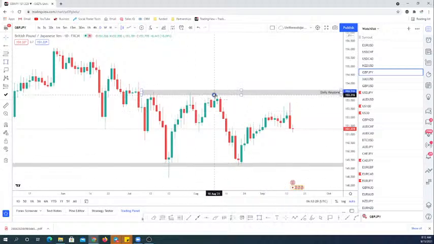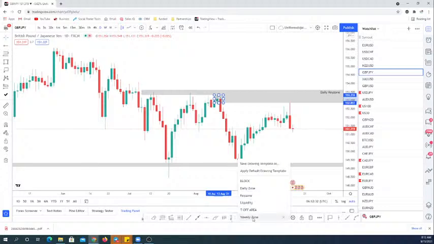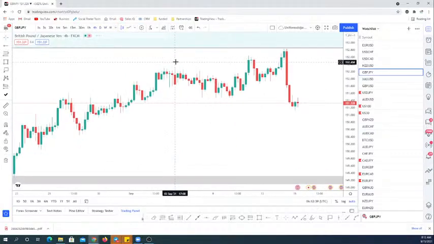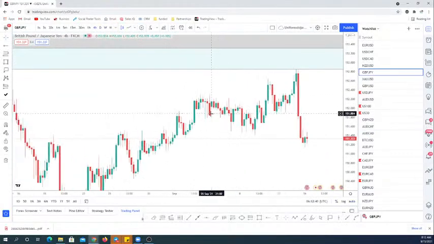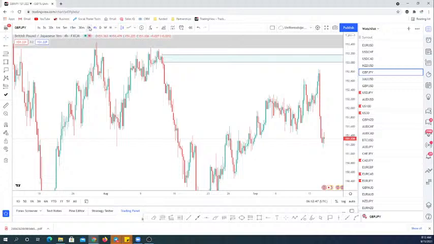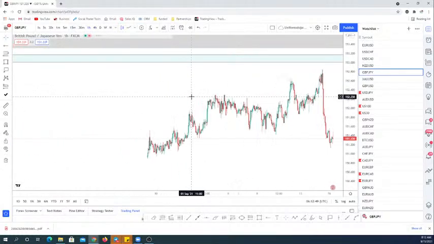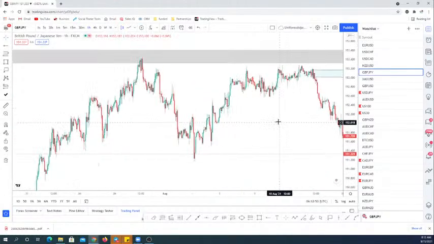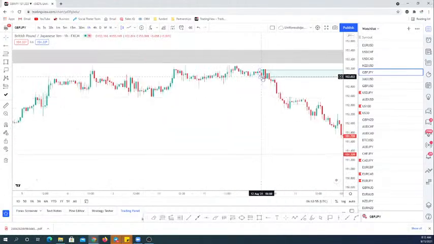This one here, we'll probably be looking at an entry from these zones and basically break down into the lower time frames so we can find a neater area of interest, which will probably be this one. And remember, we don't want to be entering trades without using stops and understanding what price does at those levels.